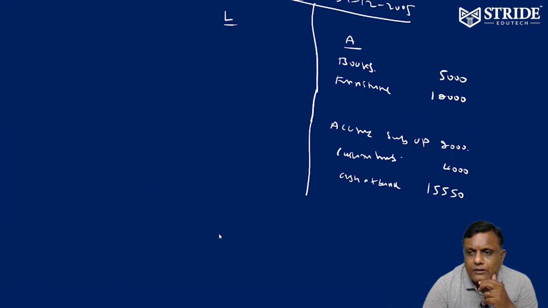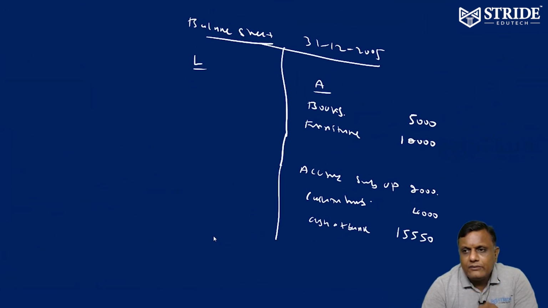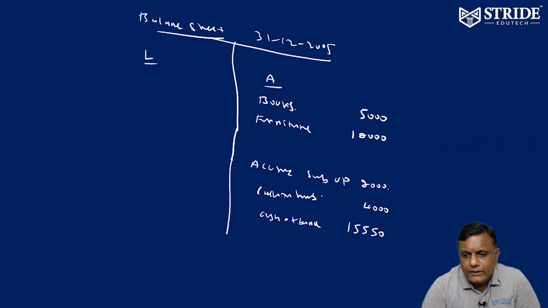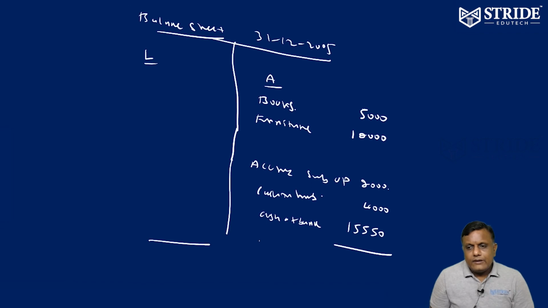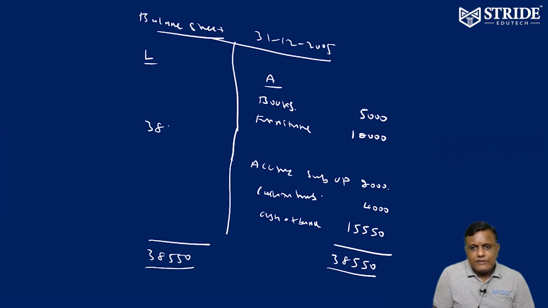Okay. So we can close the last year balance sheet. Let's total the last year balance sheet. You will be getting 38,550. So here also 38,550. The missing figure is capital. This is a balancing figure.